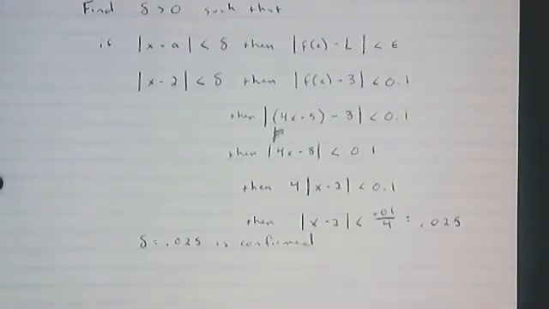Now, this is half of the work. And what we need to do now is what I tried to hint at when we were looking at the specific numbers. This is just the formal version of our analytical work here. We said, okay, it looks like 0.025 is appropriate.